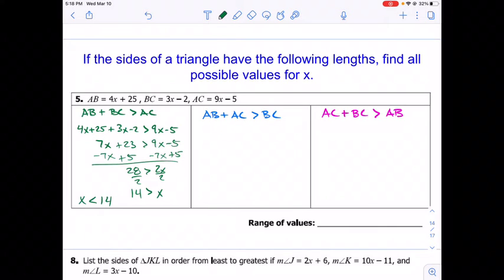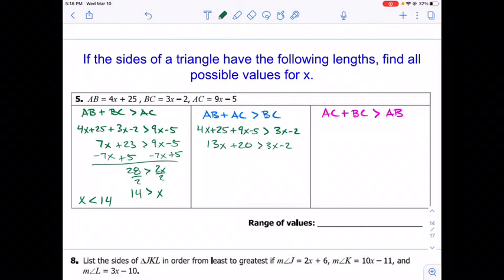So let's check the next one out here. We're going to get AB, which is 4x plus 25, plus AC, which is 9x minus 5. So is it greater than BC, which is going to be 3x minus 2? Gives me 13x. 25 minus 5 is 20.